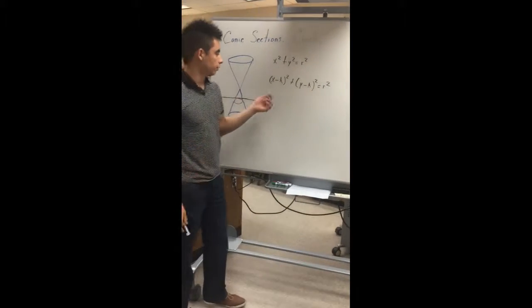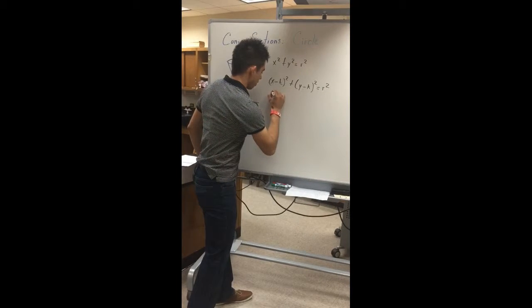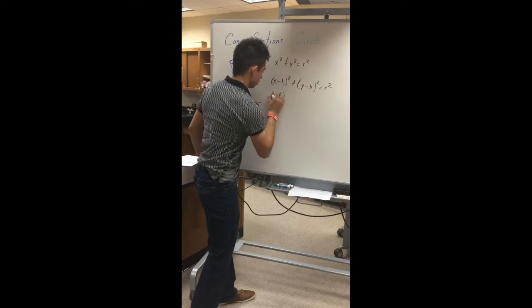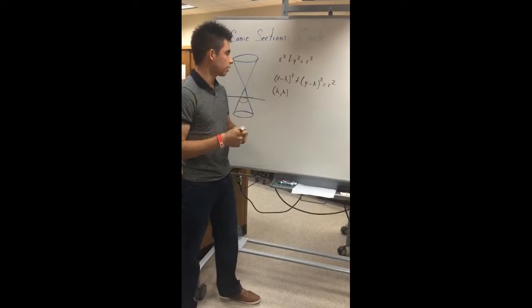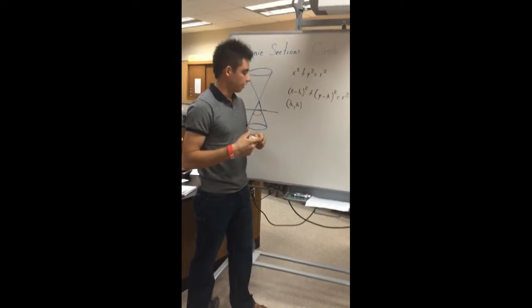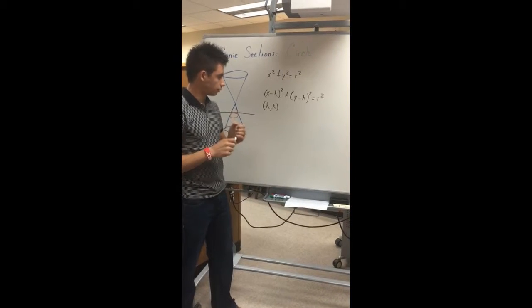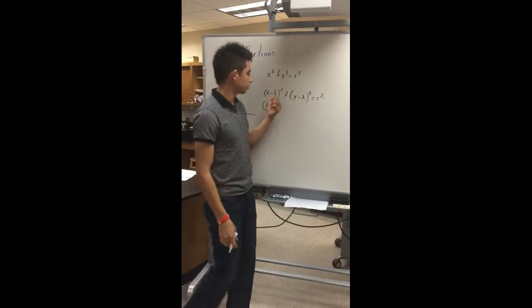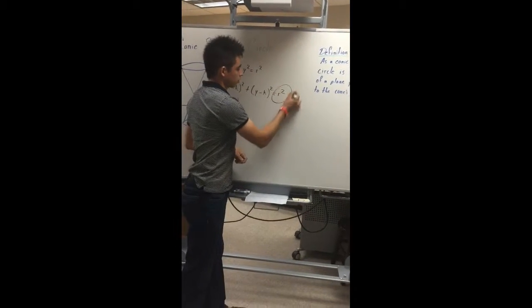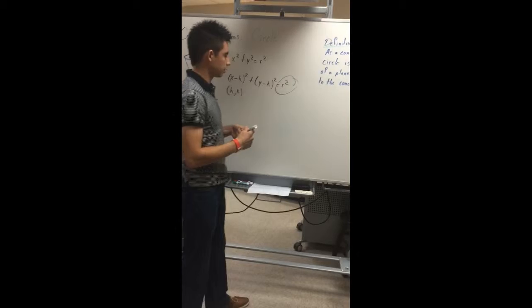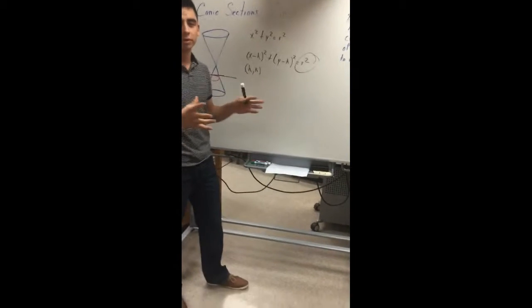If you use this equation, h and k will be the center point of the circle, and r squared will tell you how big the circle will be.